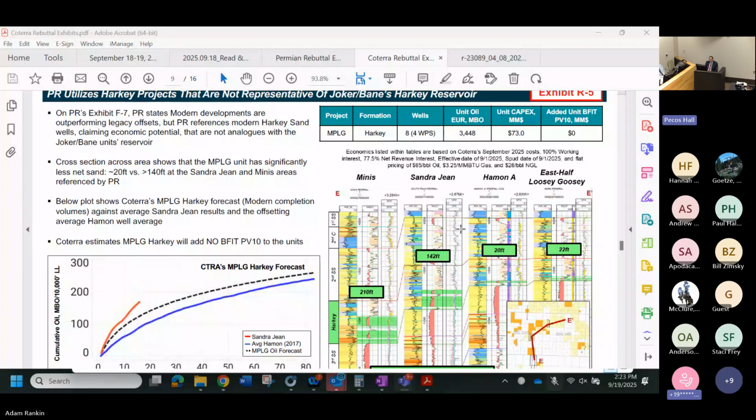So therefore, we are stating that we don't think the Harkey will add value. So it is in our case in chief. Let me just say this more directly. In your direct case in this hearing proceeding before the commission, none of Coterra's witnesses addressed the Harkey wells as demonstrating economic waste, correct? We did not comment on the Harkey wells. Thank you.